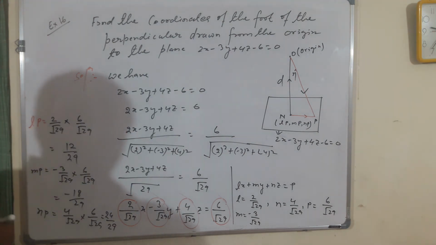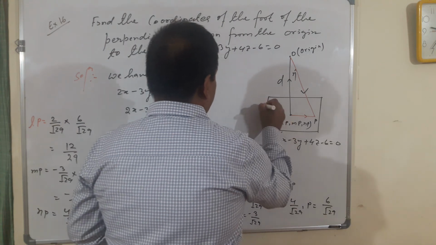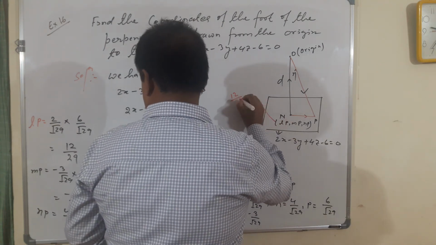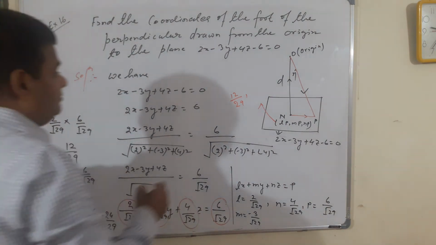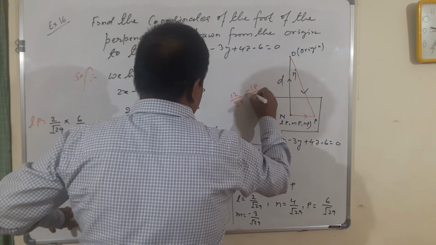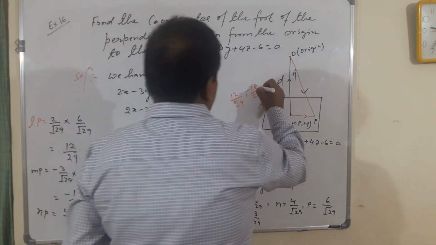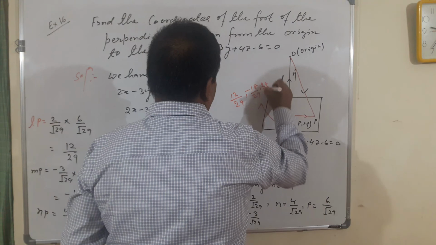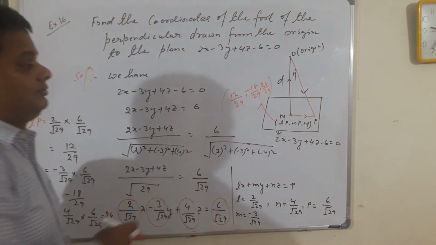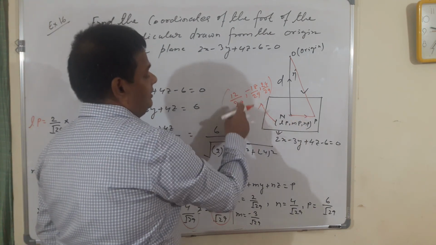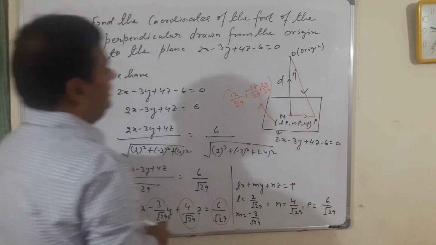So the foot of the perpendicular is 12 by 29, minus 18 by 29 and 24 by 29.